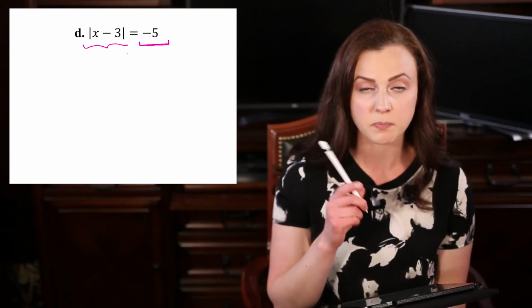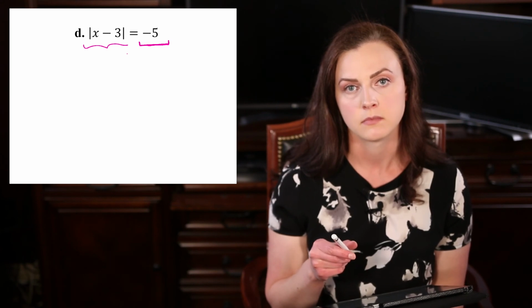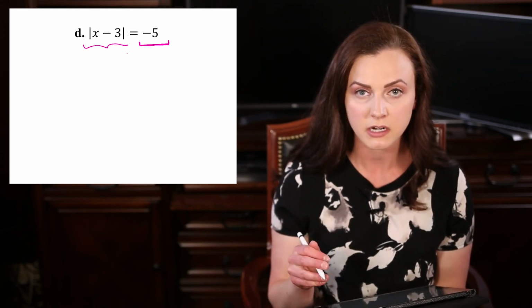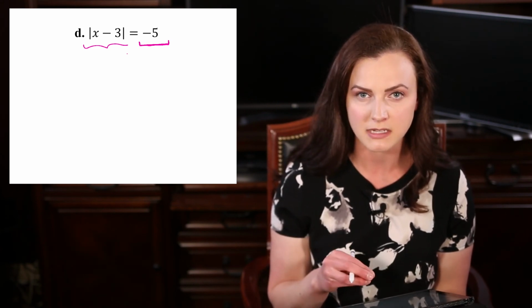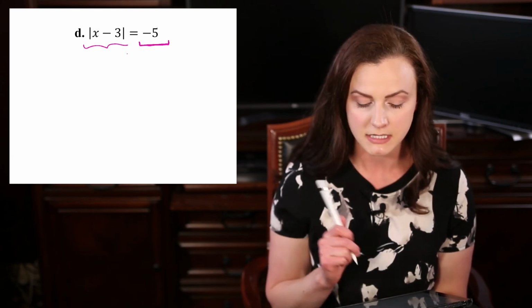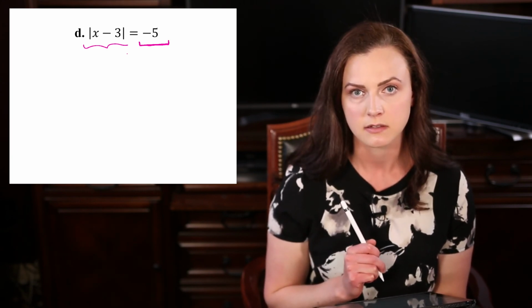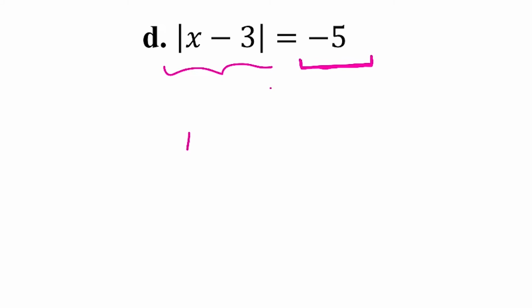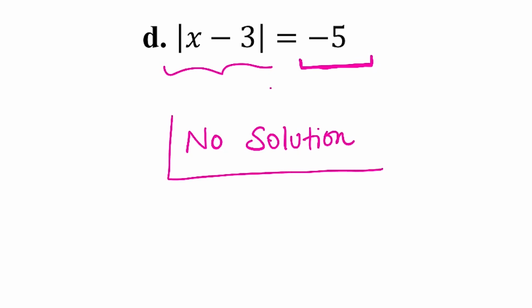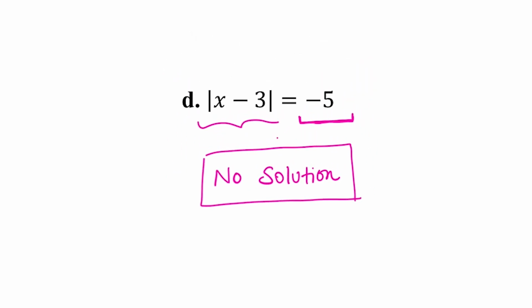So no matter what you plug in for x here, when you subtract 3, the absolute value will make that positive. It is impossible to get a negative 5 out of this. So this is actually no solution. Because if an absolute value makes something positive, you will not get a negative out of there as a result. So watch out for those. Anything like that will be no solution.